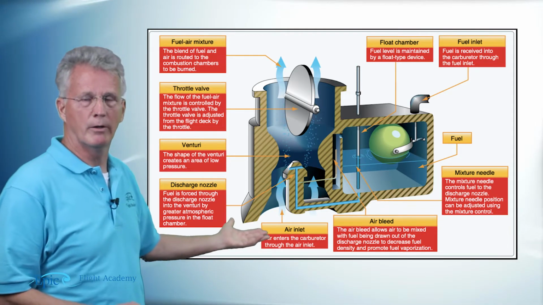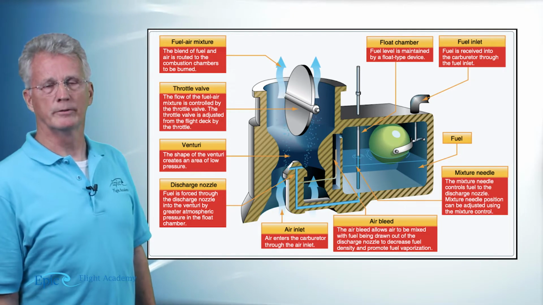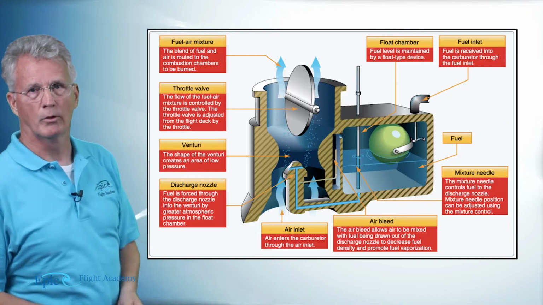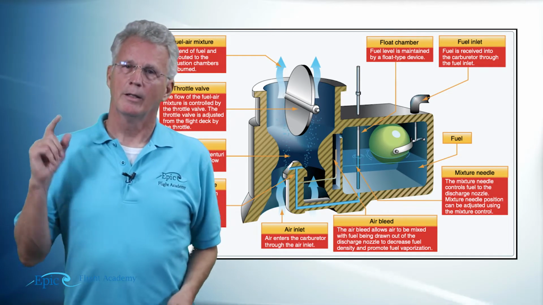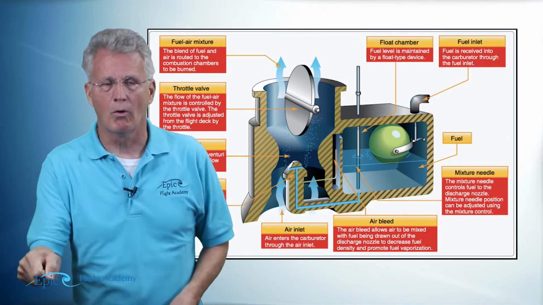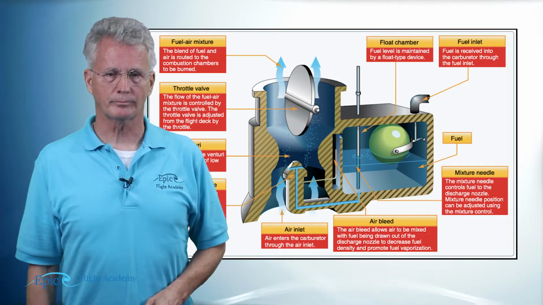These blue arrows are depicting that air that came in through that filter. And this big throttle plate is controlled by, guess what? Yeah, that black throttle that you were holding in your hand that we saw just a moment ago.